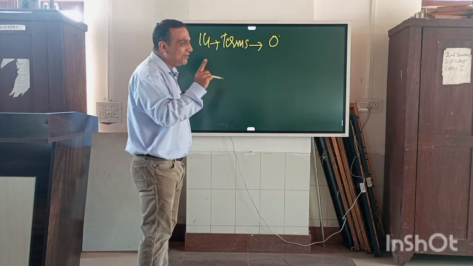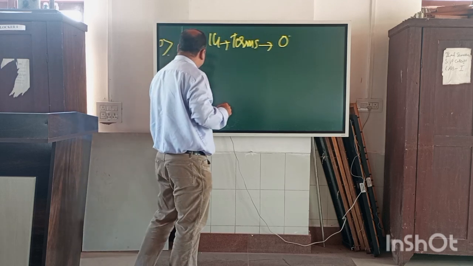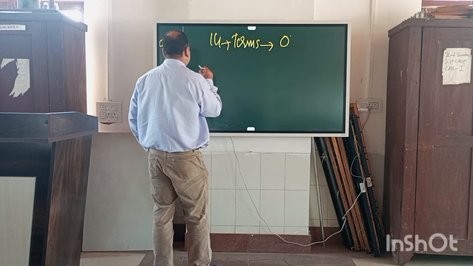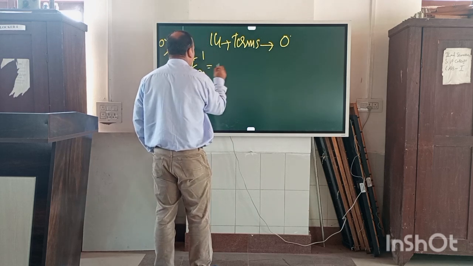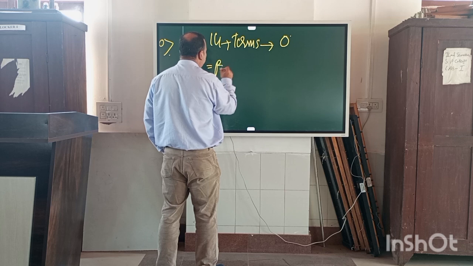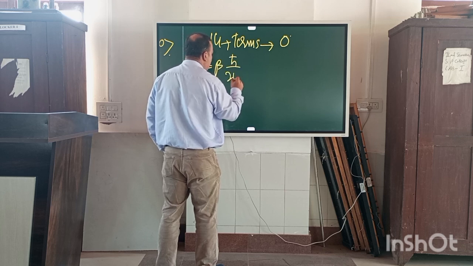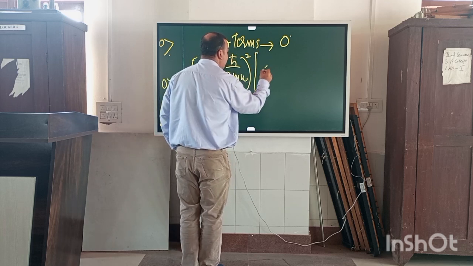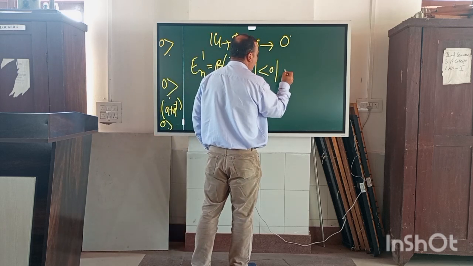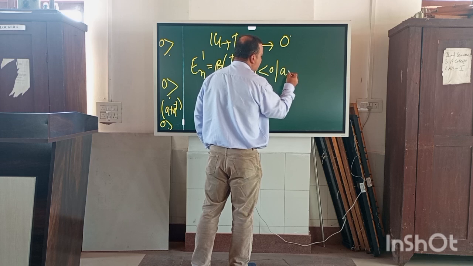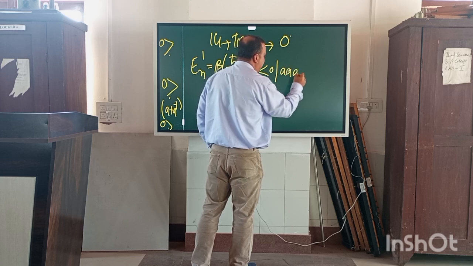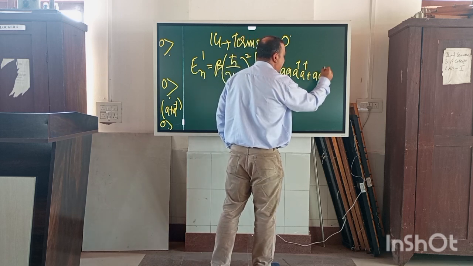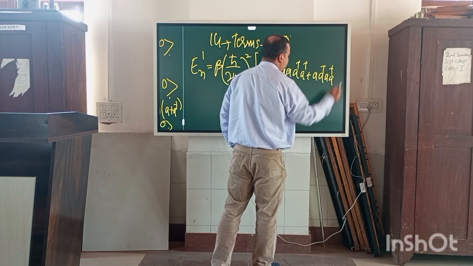The only 2 terms that will exist after this multiplication, the 2 terms that will stay, give E n 1 as beta times h bar by 2m omega raised to the power 2 times: the first term will be a a dagger a dagger, and another term will be a dagger, a dagger.